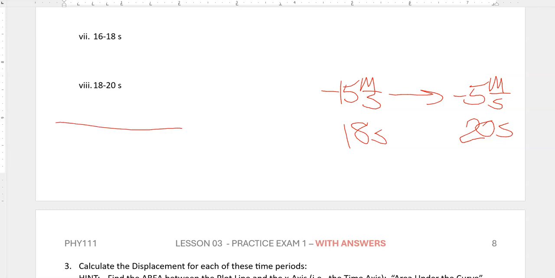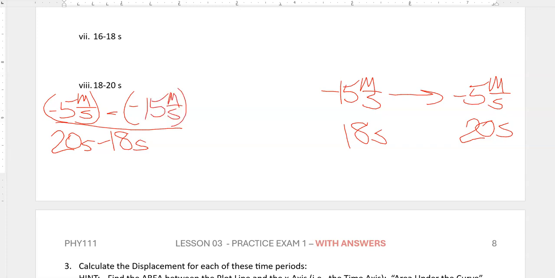You want 20 seconds minus 18 seconds in the denominator, and you want -5 meters per second minus a -15 meters per second, or if you prefer, -5 meters per second minus -15 meters per second.